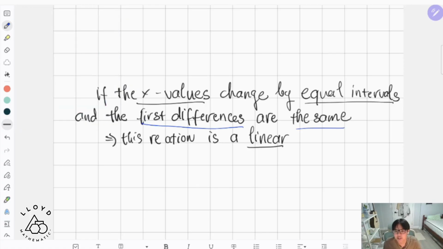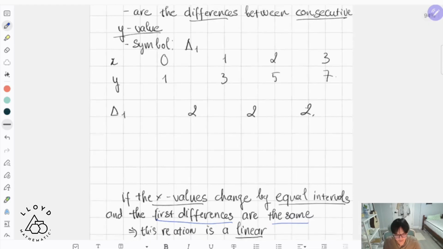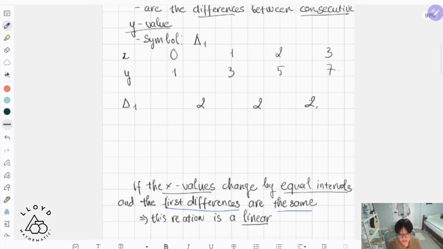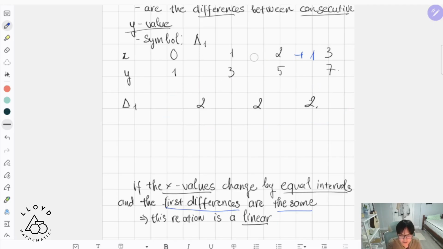So in this one, is it linear? We already see the x values change by equal intervals, which is plus 1, plus 1, plus 1, right? And all of the delta 1, which is the first difference, are the same. So we can easily conclude that this is linear.